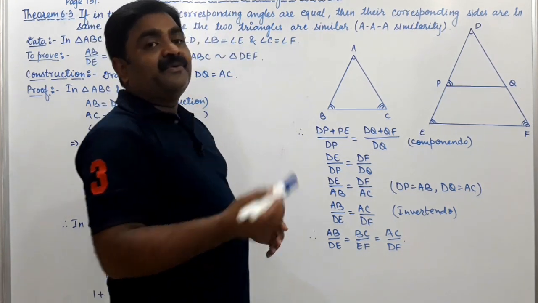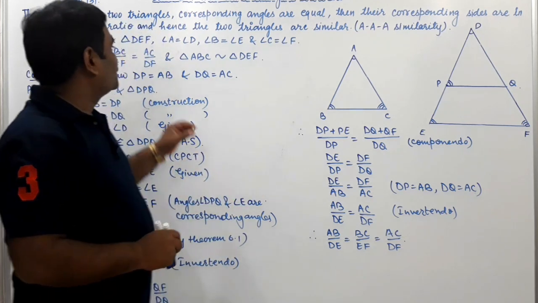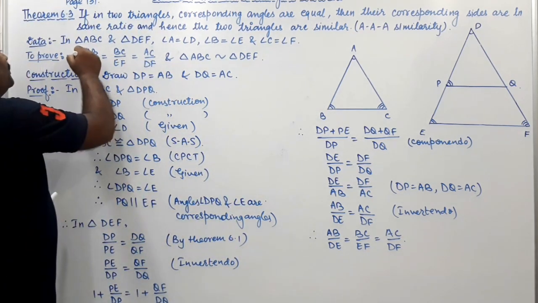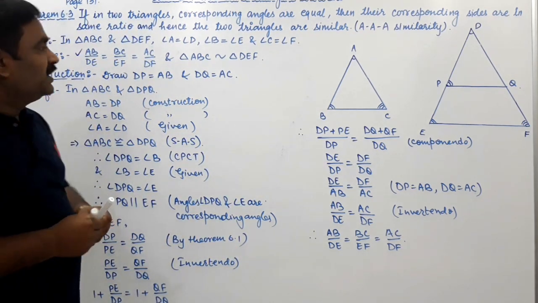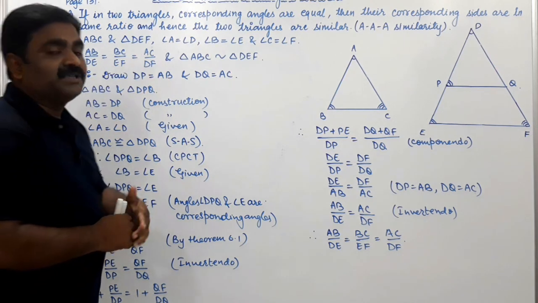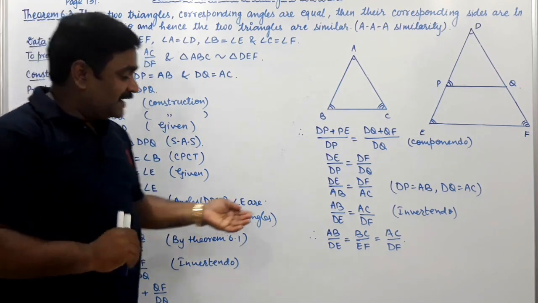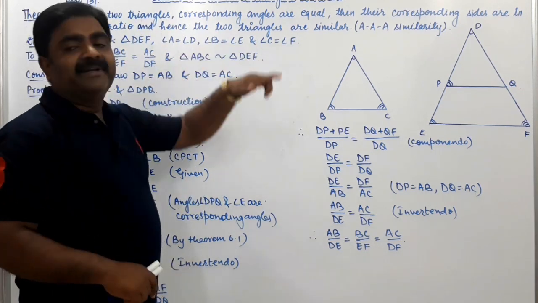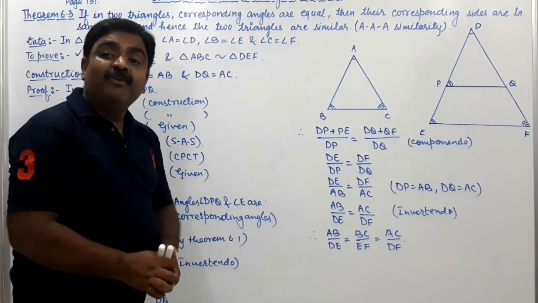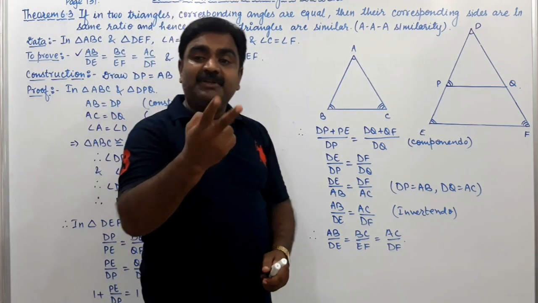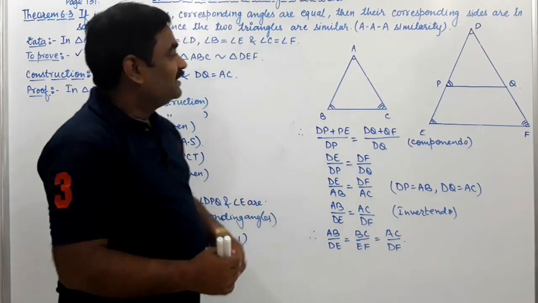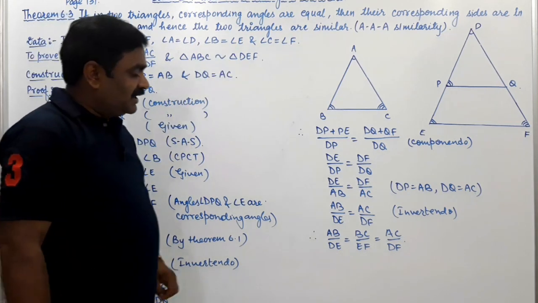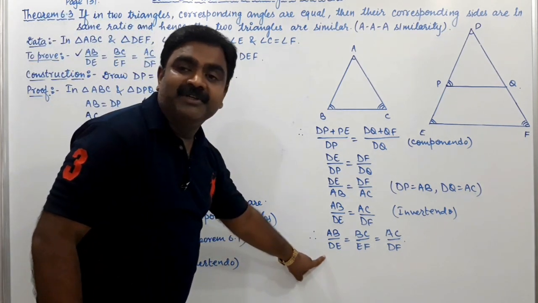So now you got this result: AB upon DE is equal to BC upon EF equals AC upon DF. And their corresponding angles are already given as equal. For two triangles to be similar, their corresponding angles should be equal and sides should be in the same ratio.